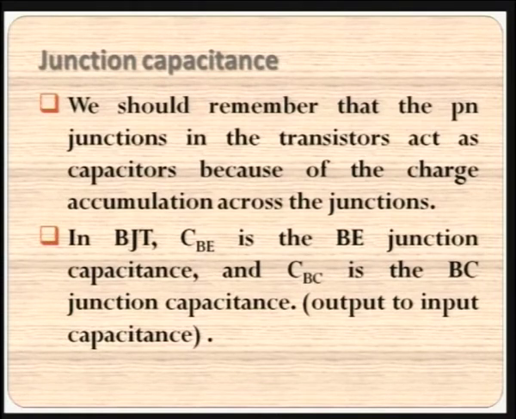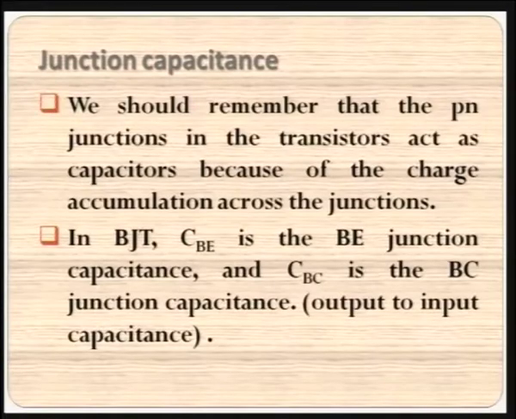In BJT, the capacitance across the BE junction is the BE junction capacitance, and CBC is the base collector junction capacitance, for the output to input capacitance. The reason we need to find out for the frequency response, in the last lecture I showed you the frequency response curve.